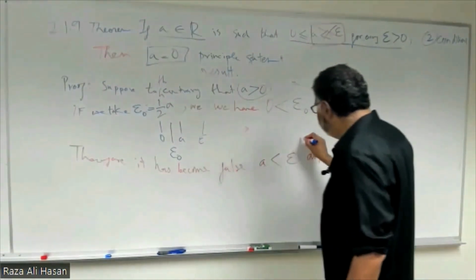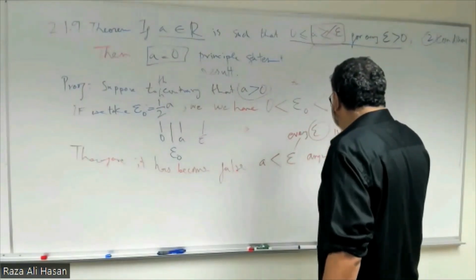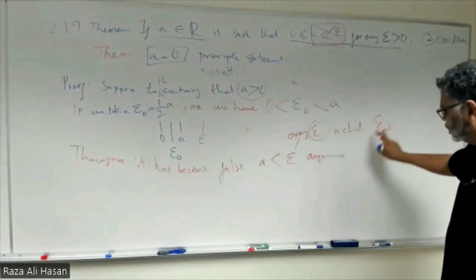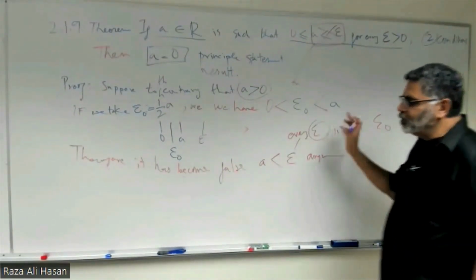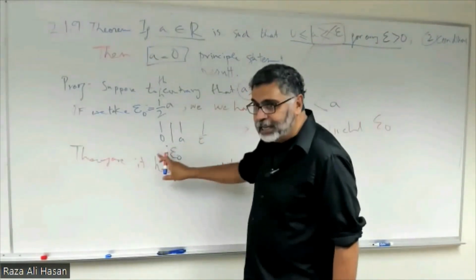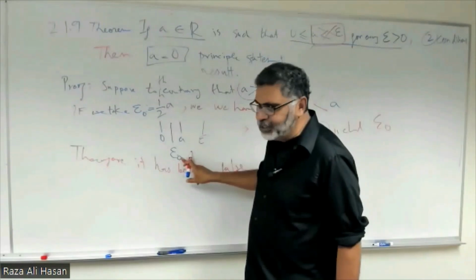Because it's every epsilon, right? Including this one, it should have been smaller than this. Because what we just did was show that between A and 0, there are smaller positive numbers. Infinitely many more.